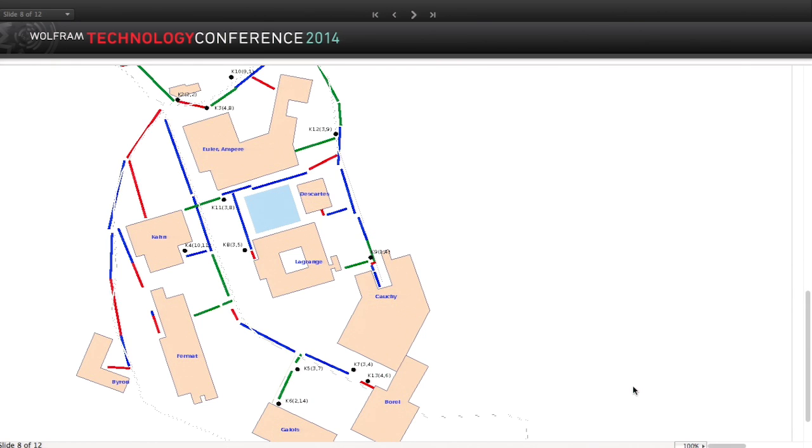All that was done with the help of this rollator, and we use the Wolfram language to get the results and to analyze them. I mean, especially to change the format of the results to be able to export them to the OpenStreetMap project.